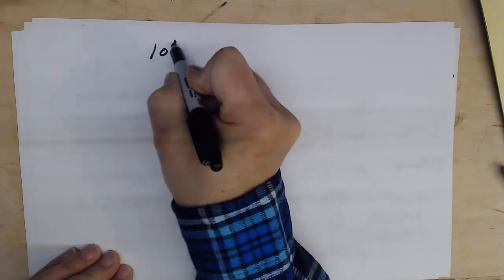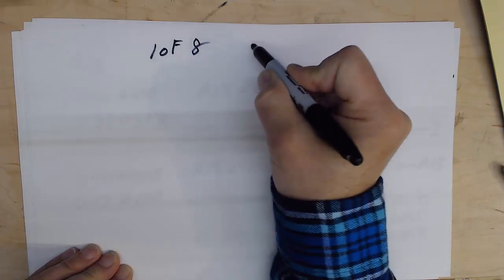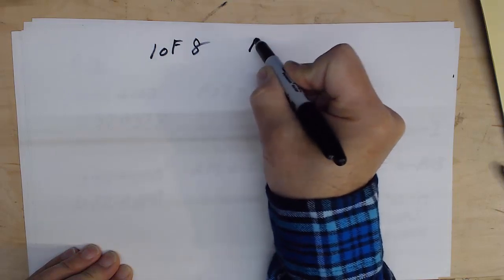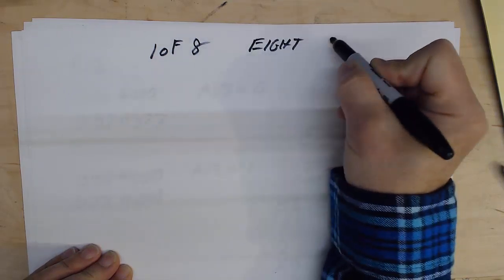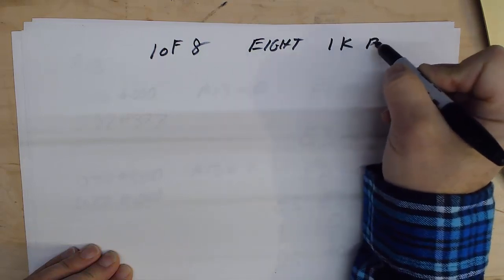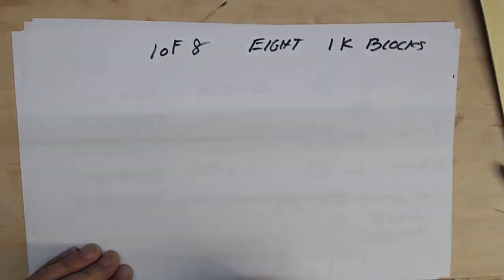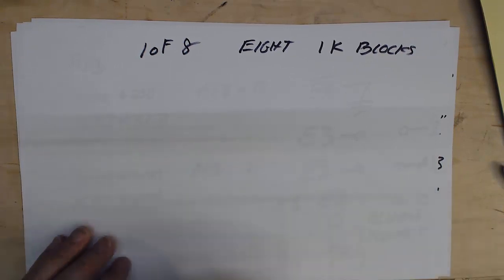So where it is easy to make a mistake in this thing is in the addressing of the 1 of 8 decoder. Because remember, our 1 of 8 decoder is making 8 1K blocks. Okay, so let's do a truth table that shows where those 1K blocks are.